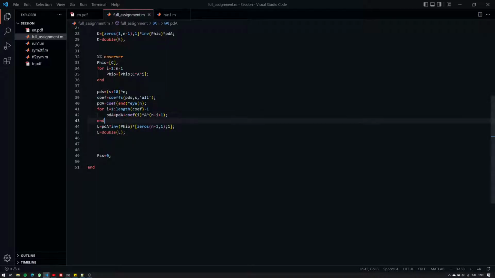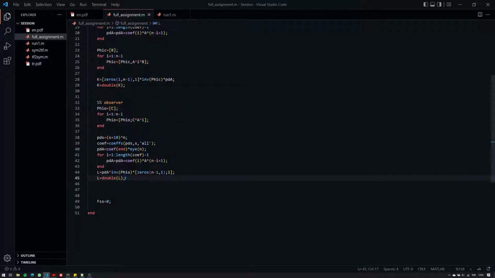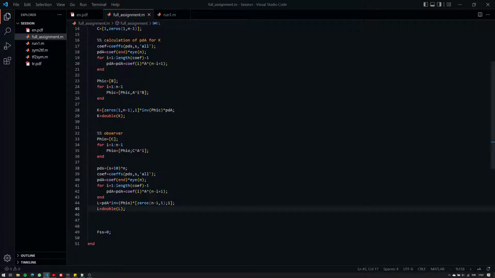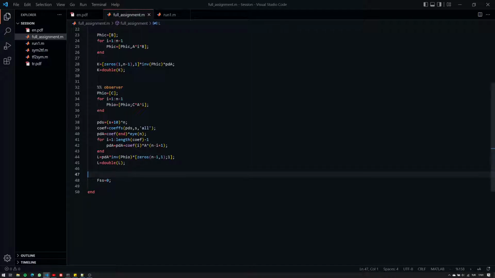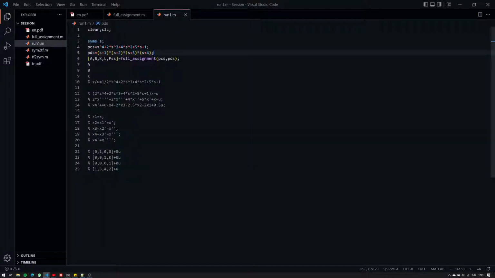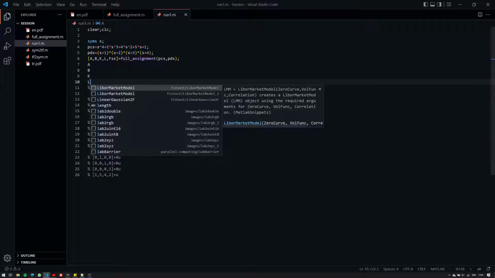It's basically the same formula, but if you look for the transpose, where is it? Here it is. If you take the transpose of this, the order will reverse. So PDA will become first, inverse phi o is still there, and then you will have the transpose of this. So it's really easy. So up to this point, we have basically solved.